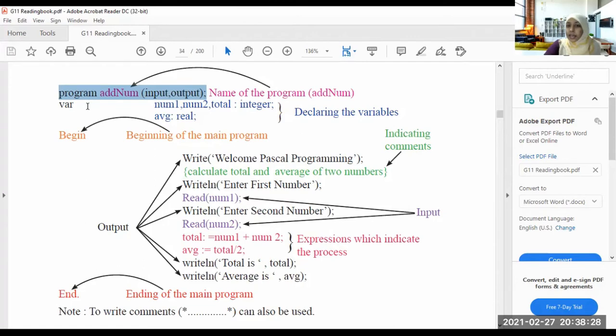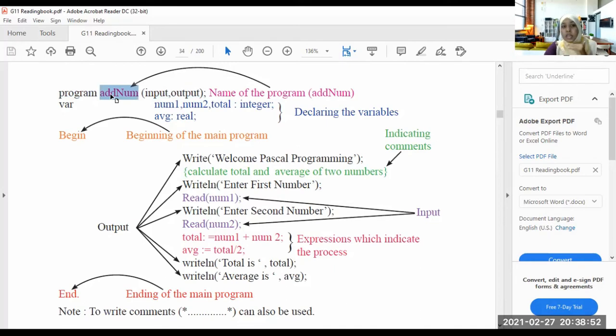Here this program is made to add numbers. So what is the program name? Add num. It is not case sensitive. You remember what case sensitive is, right?